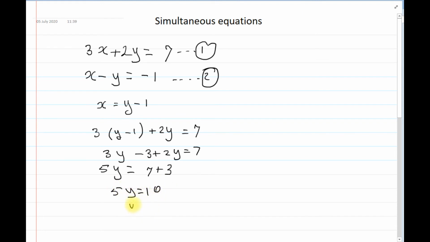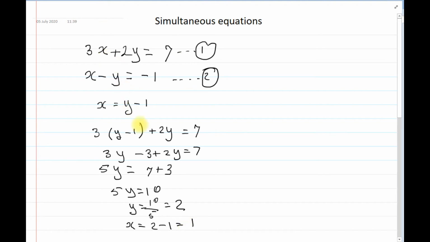And from here, y is equal to 10 divided by 5, which is equal to 2. So now that I have y is equal to 2, from this expression for x, I have x is equal to y minus 1. So x will be 2 minus 1, which is equal to 1.